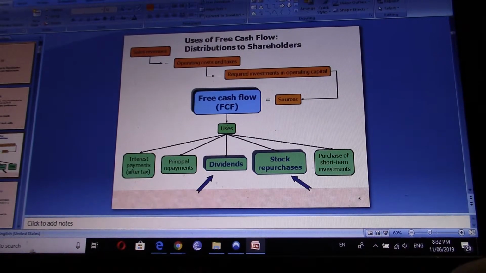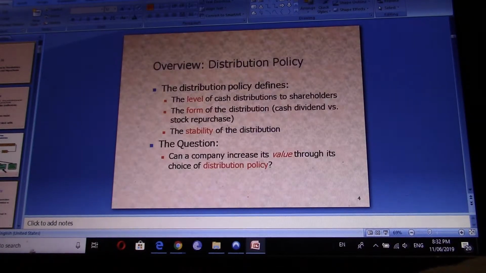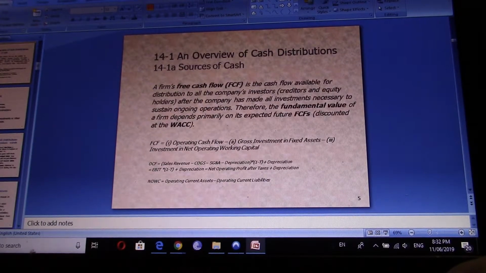Firm value will not change, but since there are fewer shares outstanding, the stock price will be higher because of that. So these are the two approaches for a firm to distribute cash back to the shareholders.